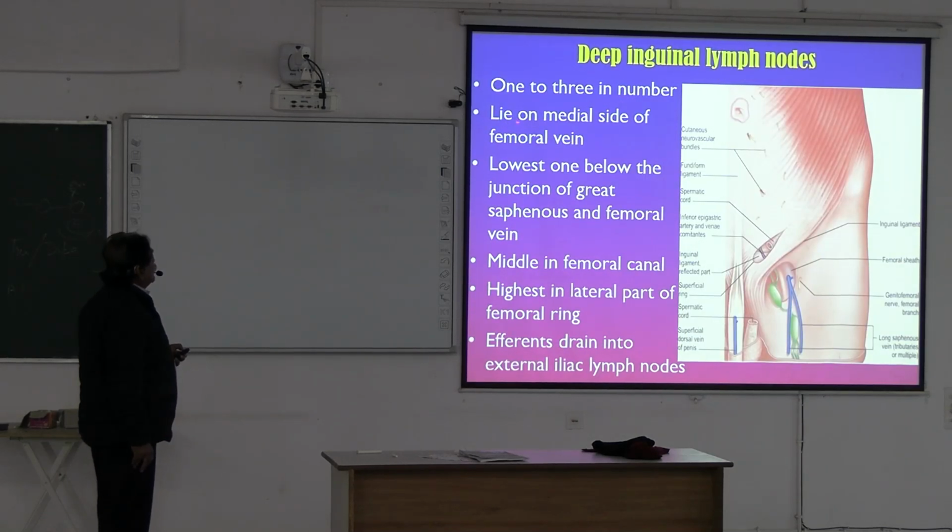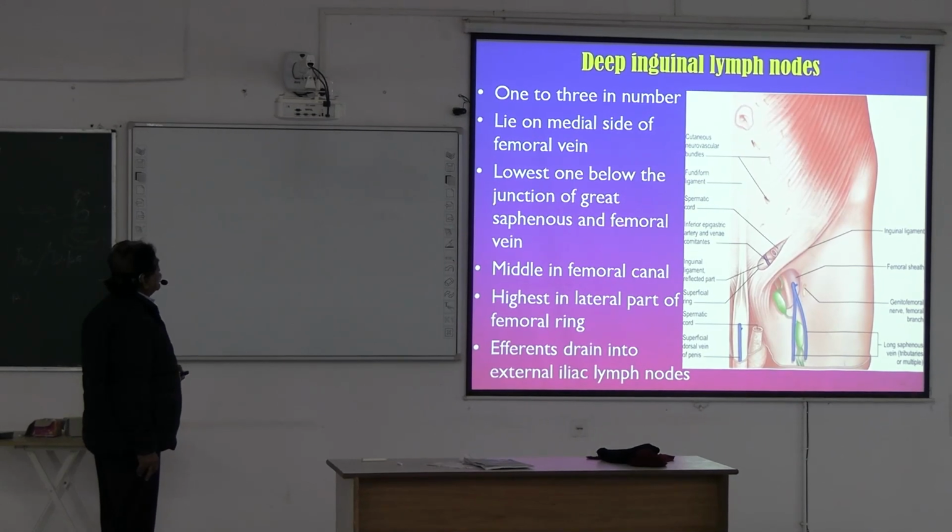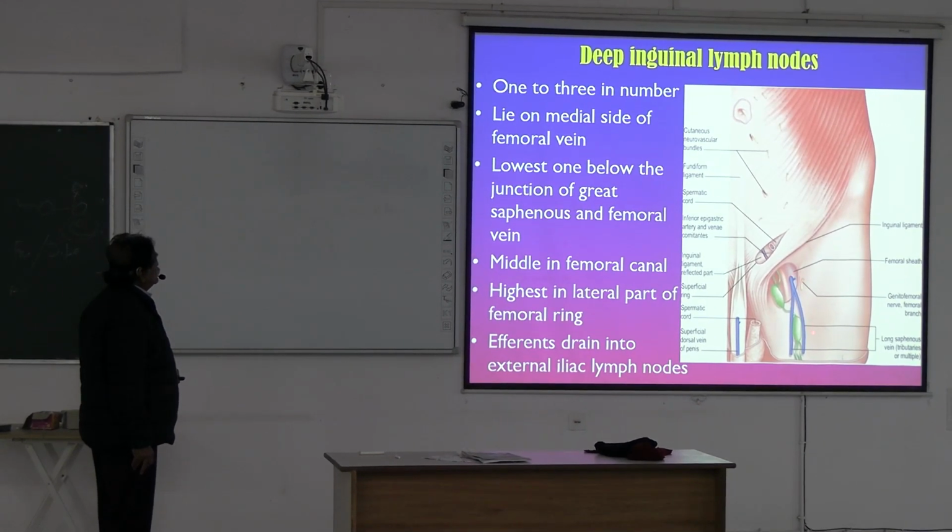Deep inguinal lymph nodes, three in number, lie on the medial side of the femoral vein here, at the junction of the great saphenous and femoral vein, middle in the femoral canal, highest in the lateral part of the femoral ring, and efferents drain into the external iliac lymph nodes.